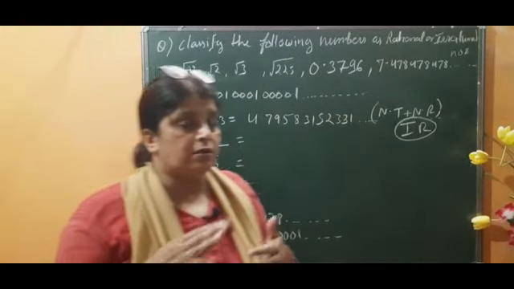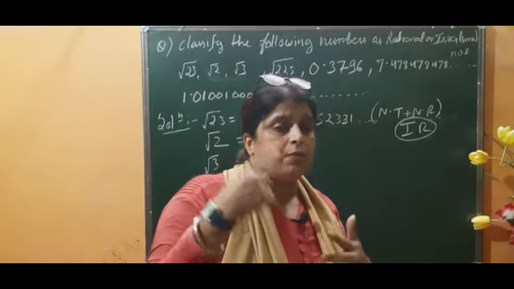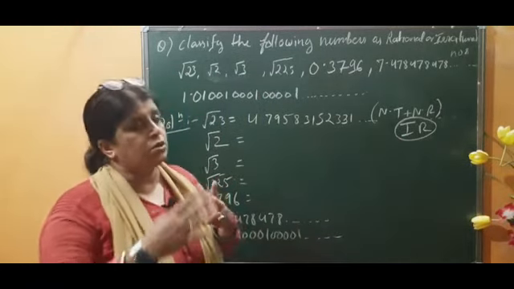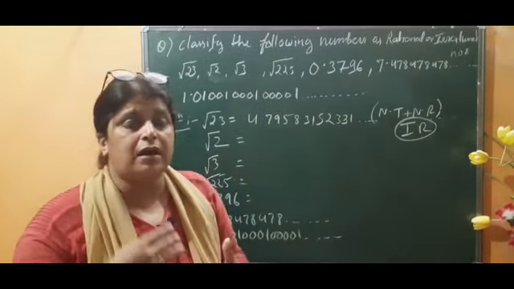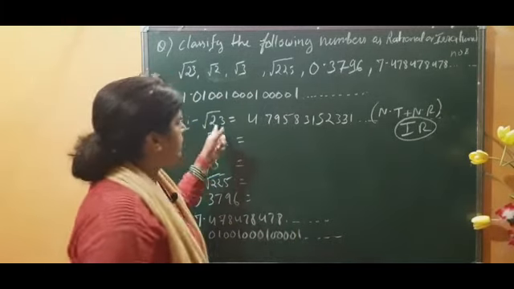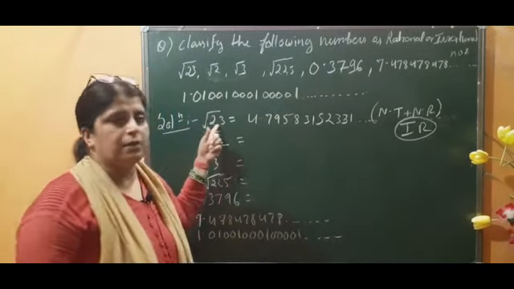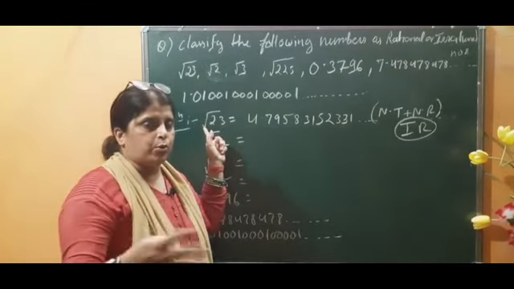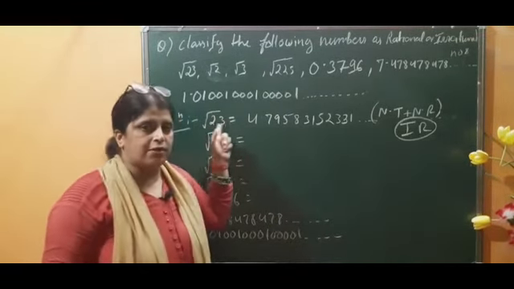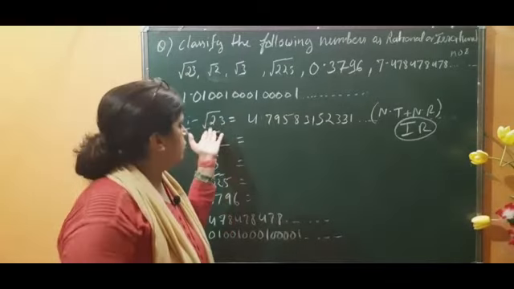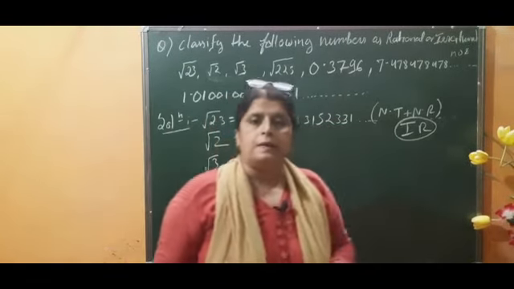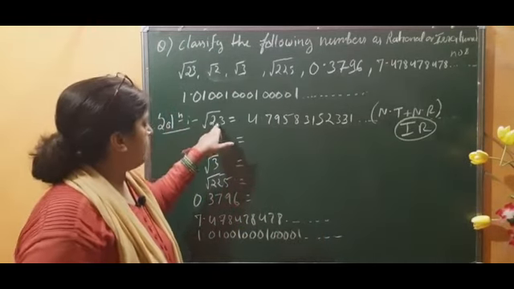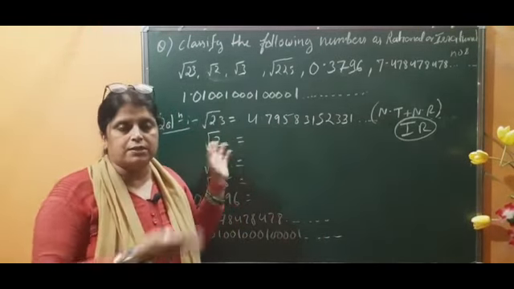In one of my videos I said that irrational numbers are those numbers which are roots of prime numbers. Can you see that 23 is a prime number? Any root of a prime number, whether square root or cube root, is an irrational number. So directly you can write down that root 23 is an irrational number, because we can see a prime number with the root sign.